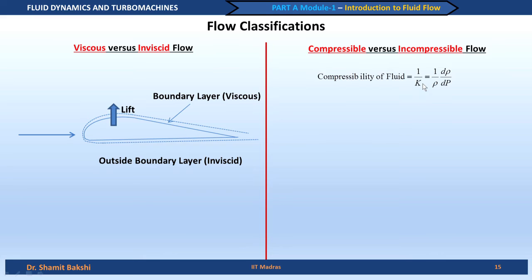K is the bulk modulus, and if you try to write it now, it is given as the relative change in density divided by the applied pressure.